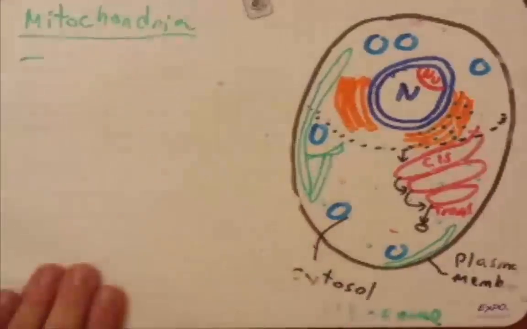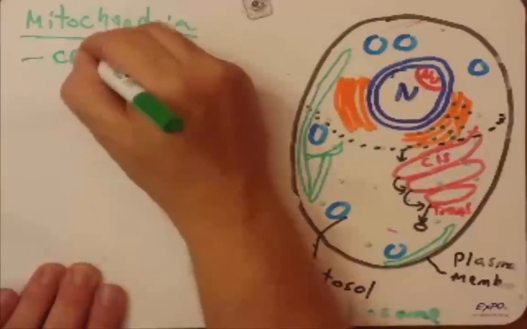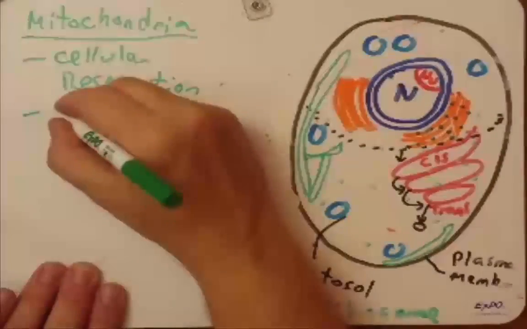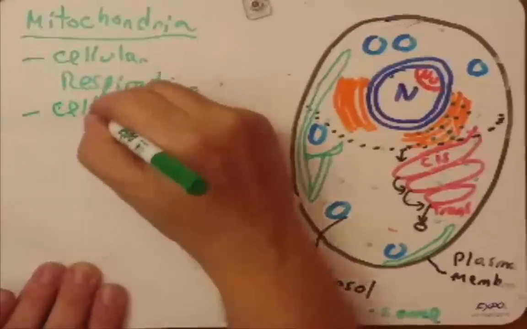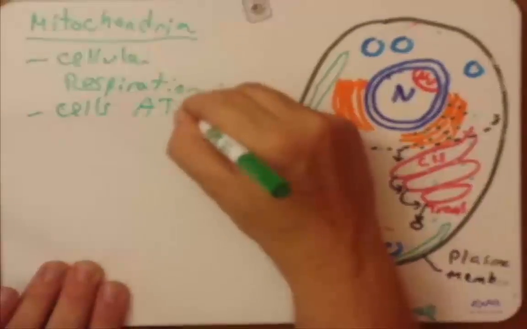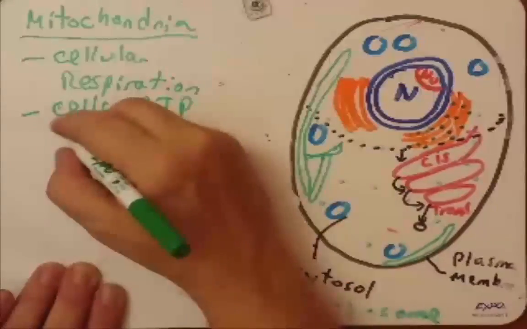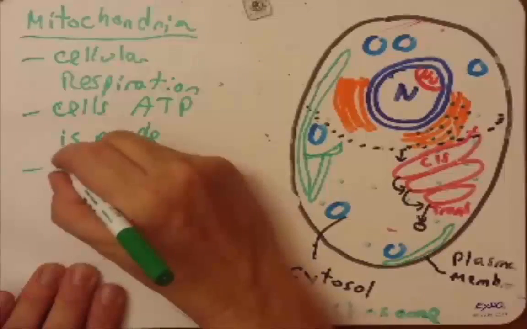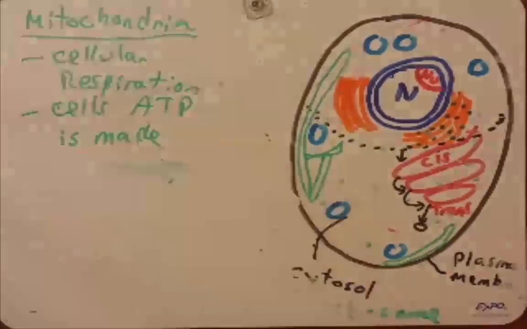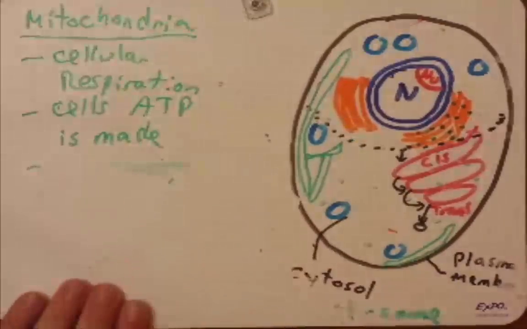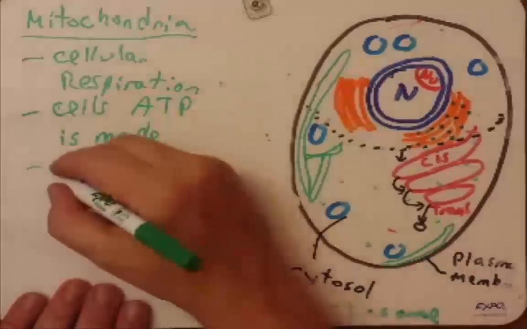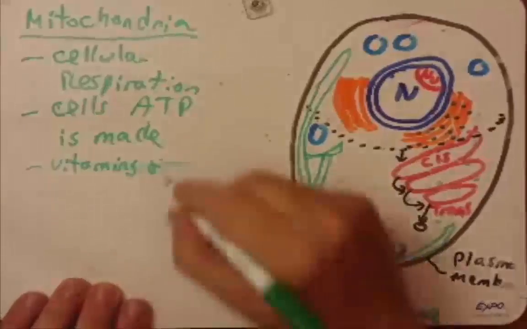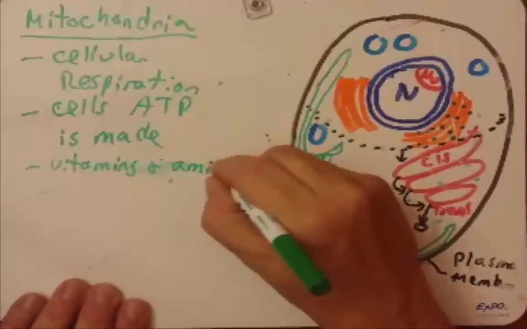But what is their function? Well, they are the site of cellular respiration. Because of this, this is where a lot of the cell's ATP, the cell's energy, is made, right in those mitochondria. The mitochondria is also responsible for making parts of some vitamins and amino acids.